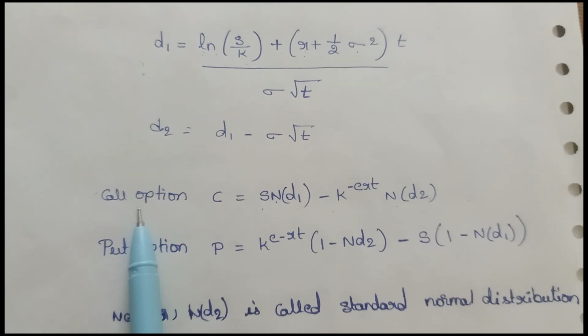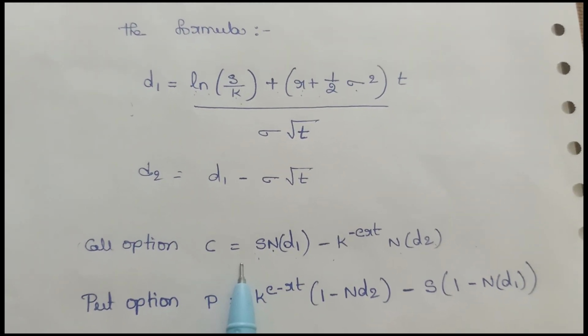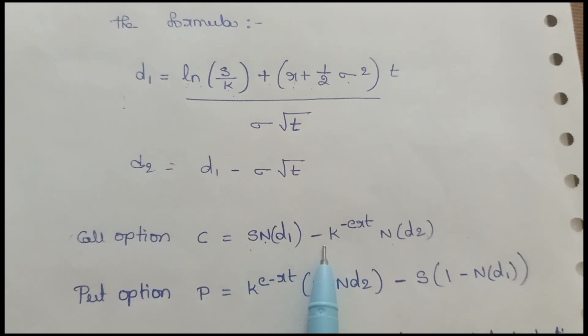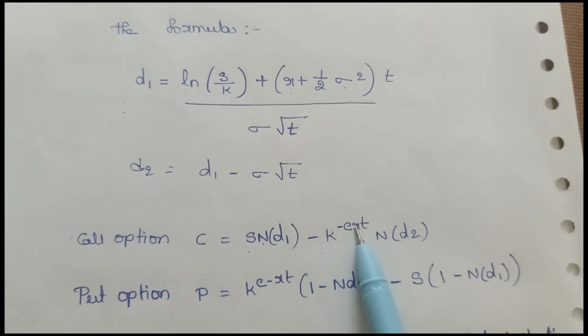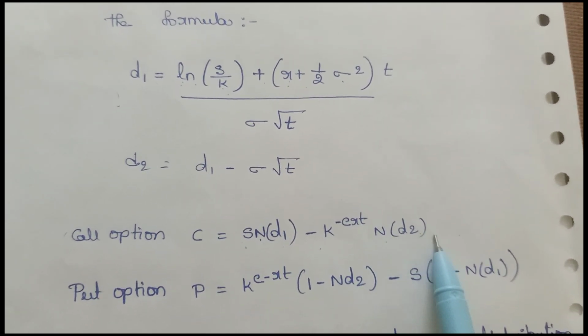When we calculate the call option, the formula is C equals stock into N(d1) minus K into e to the power of minus rT into N(d2).